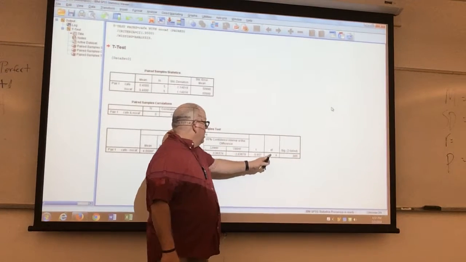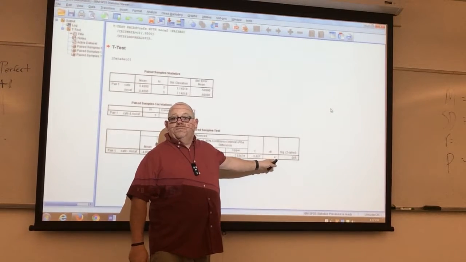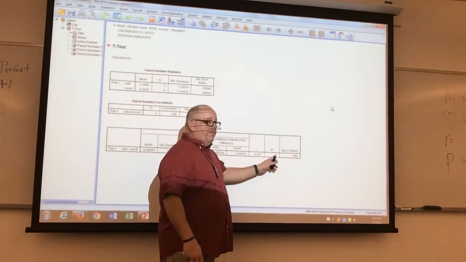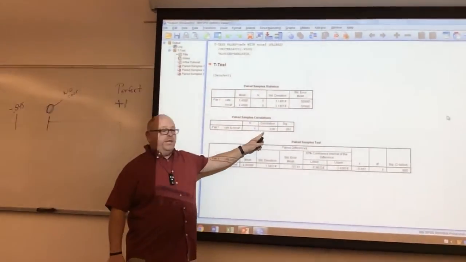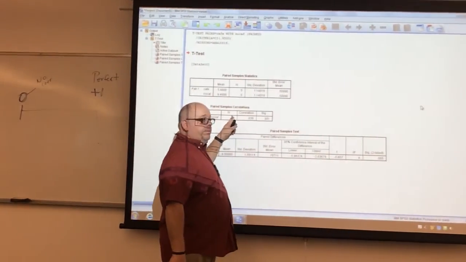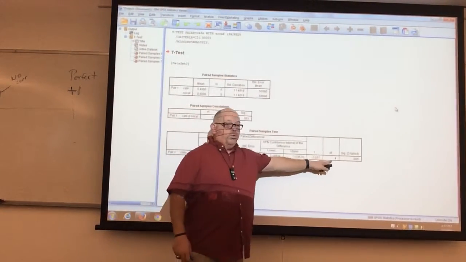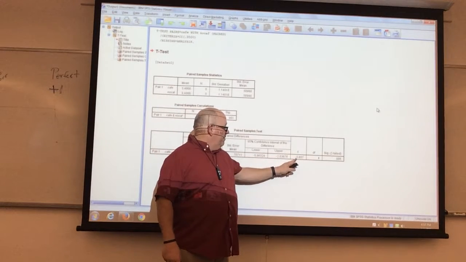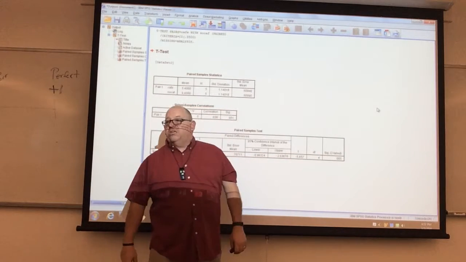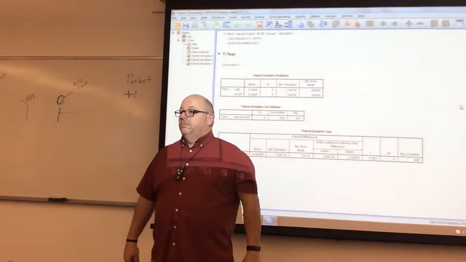Okay? And we have a DF of 4. Okay? Why do we have a DF of 4? Because it's still n minus 1, meaning the n being 5, minus 1, leaving 1 to vary. We have a t-value of negative 5.66, rounded up.